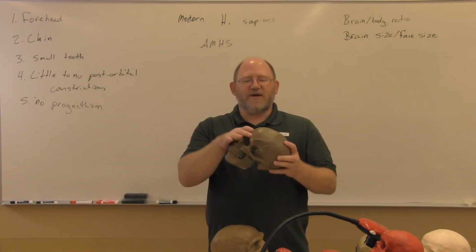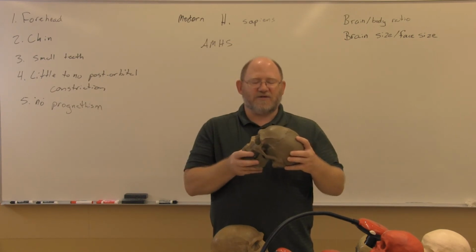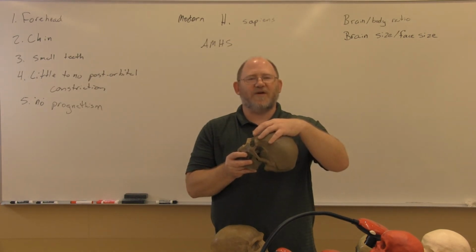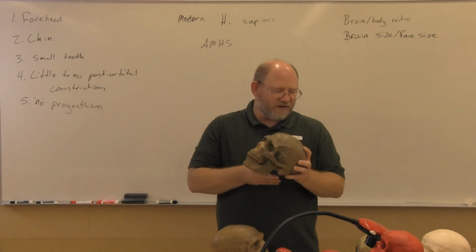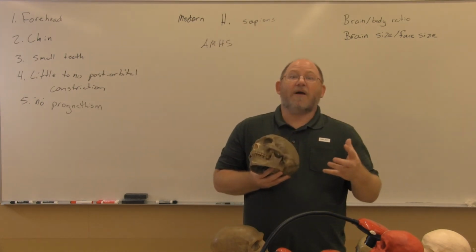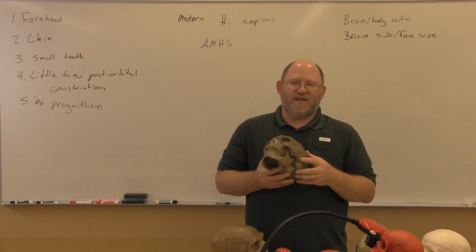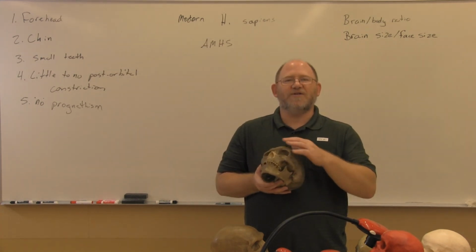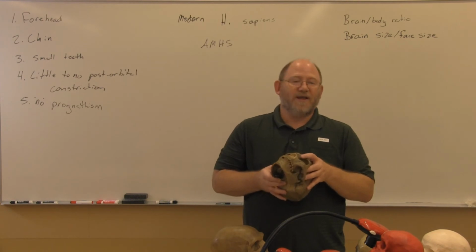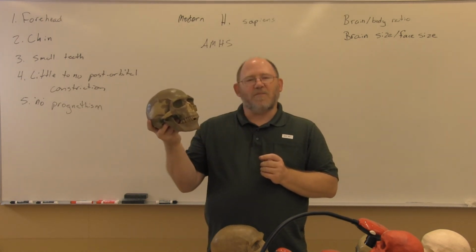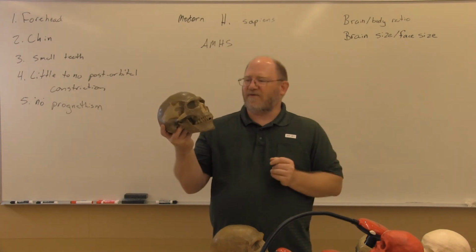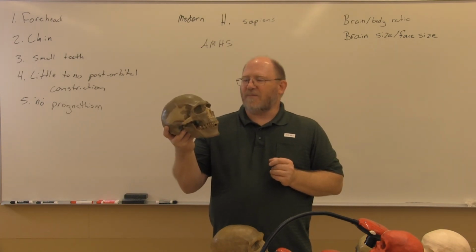There is a decrease in other strong features, like the brow ridges become smaller. And with moderns within the last few thousand years, the brow ridges have become even smaller in anatomically moderns. This is a cast of an anatomically modern from about 30 or 35,000 years ago from Central Europe.